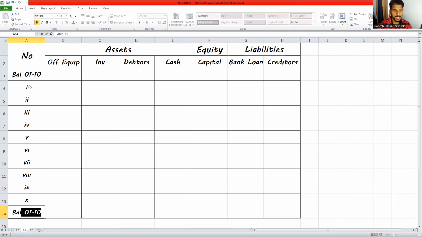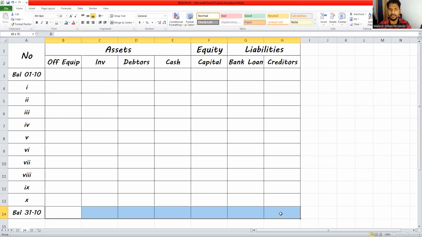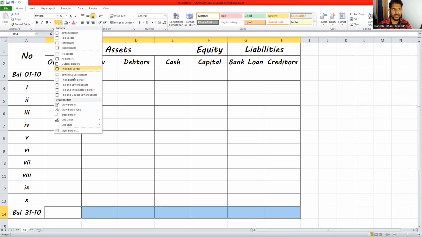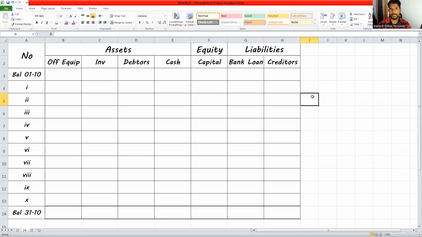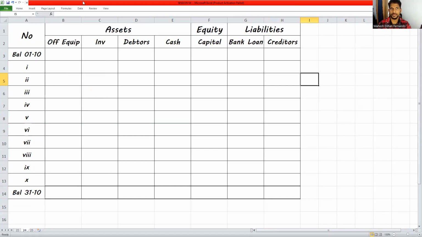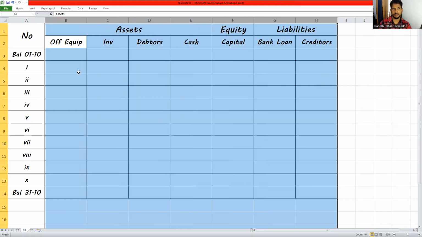And it ends with the balance as at 31st of October. When there are opening balances, start with them. Very simple. Right.